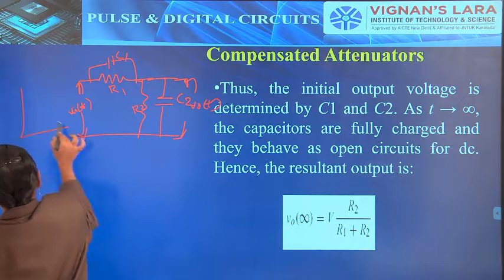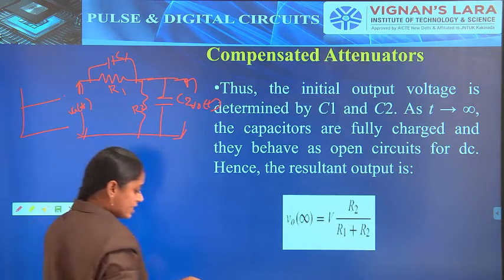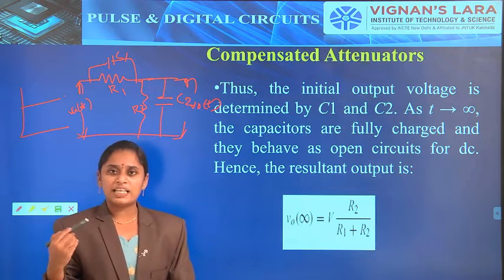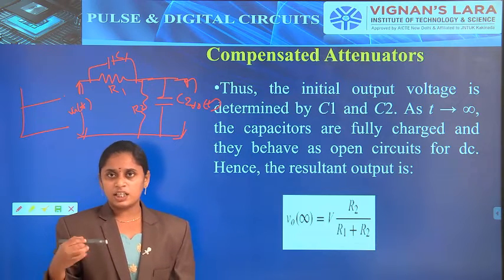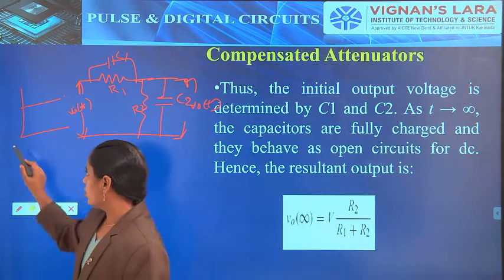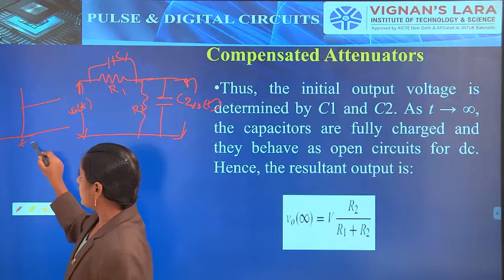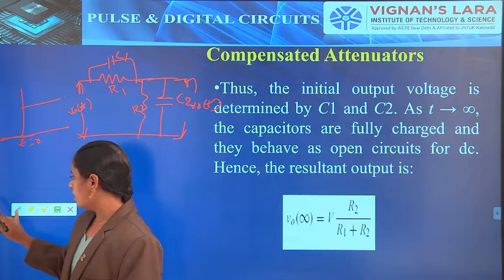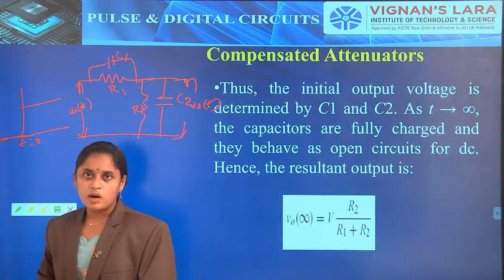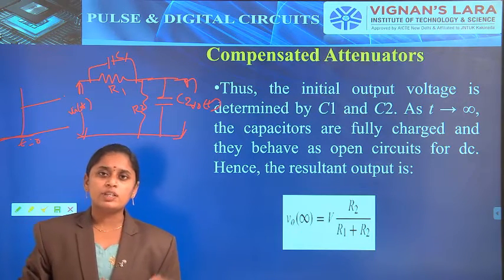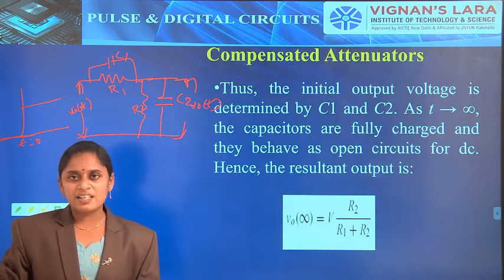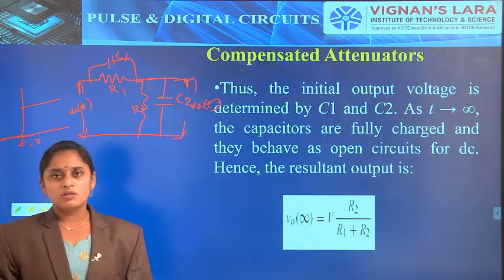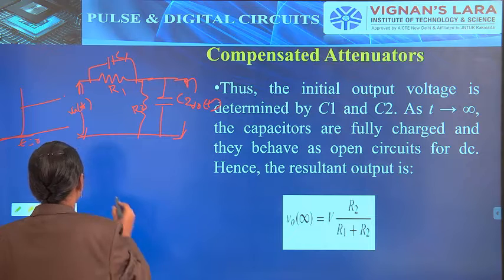Here I am considering the t equal to 0 minus condition. The input of the step signal at t equal to 0 minus is simply 0 volts. When 0 volts is given to the circuit, the capacitor becomes open circuit.